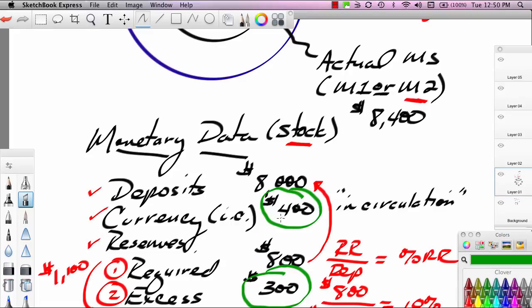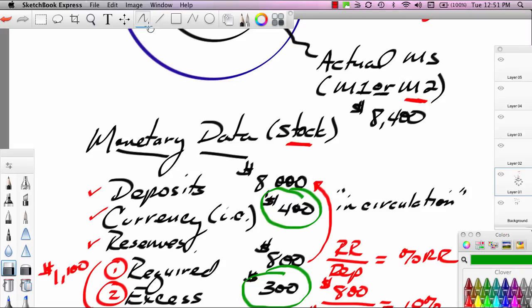Now, I'm not going to take the time to explain mathematically the difference between 8,400 and 15,000. It's a fairly easy series of calculations, but it's really beyond the scope of this, so I'm not going to do that. But, uh-oh, I just made a mark up there, I'm sorry. Gotta get rid of that.